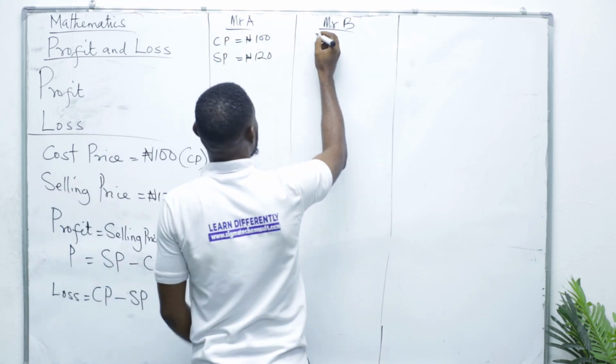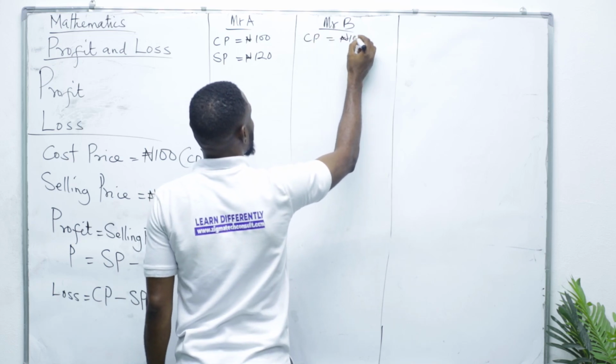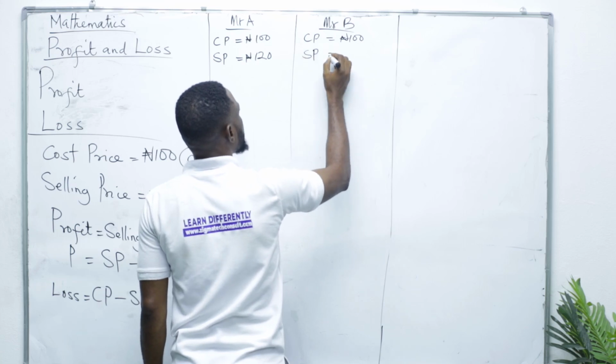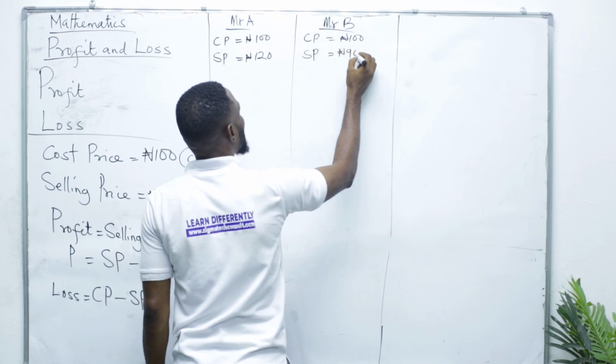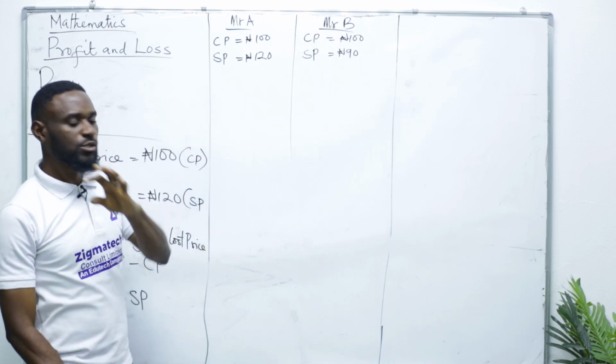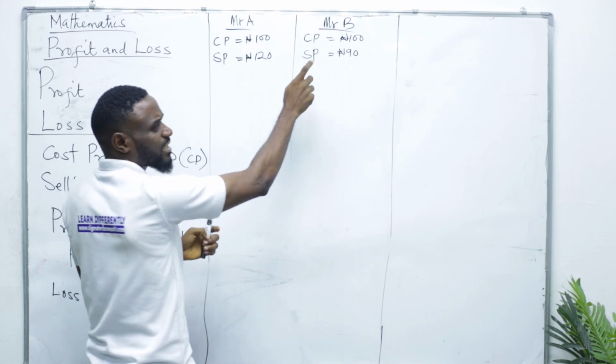While Mr. B bought at a cost price of 100 naira, nobody knew what happened. He sold it for 90 naira. So you can see that this man did not make profit because something happened there.